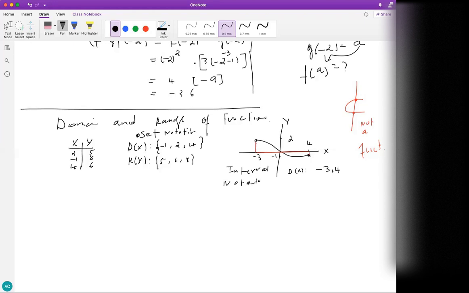In interval notation, we use either brackets or parentheses. These are curly braces, these are brackets, these are parentheses. So what do you think we use around -3? If you're looking at this circle, do we use a bracket or parentheses? Parentheses? We use parentheses. Why?